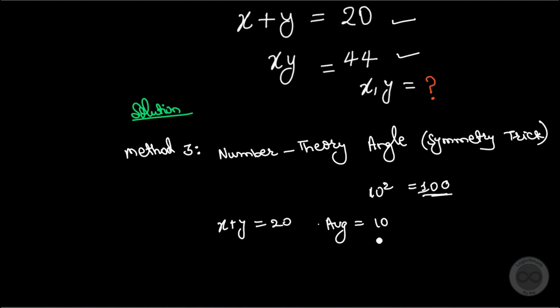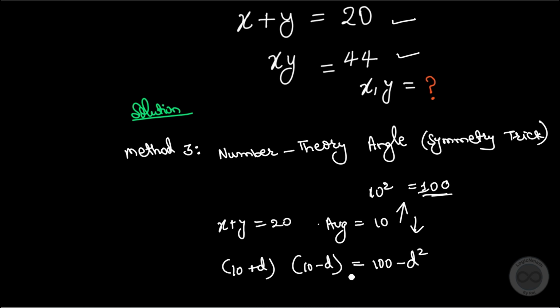then the numbers must be one above 10 and one below 10 by the same amount. Why? Because when two numbers are symmetric around their average, like 10 plus d and 10 minus d, their product is 100 minus d squared.